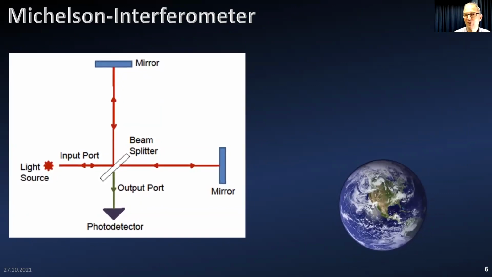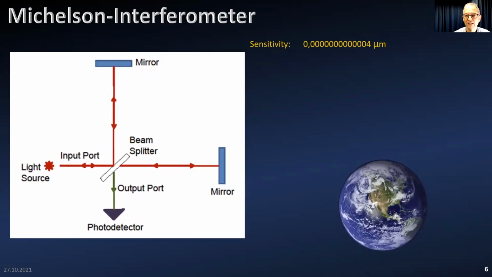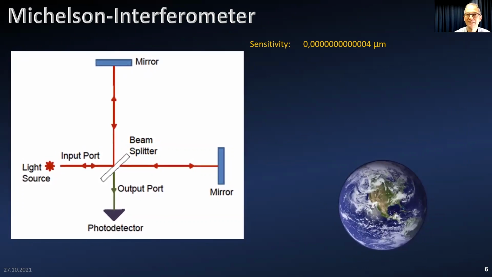The Earth is not wobbling that much. It's just wobbling a tiny little bit. And the tiny little bit is this. This is the sensitivity that we've actually achieved with the current telescopes. And with the Einstein Telescope, we will get a factor of 10 better. Now, the number is so small that I can't even read it out to you. This is the change of length in one of the arms of the interferometer that we can detect.